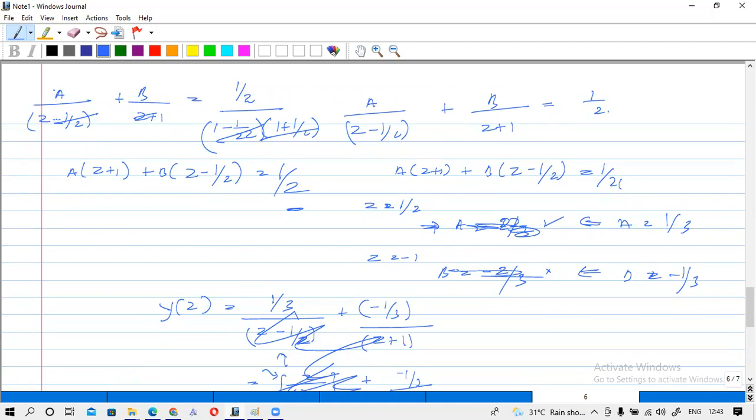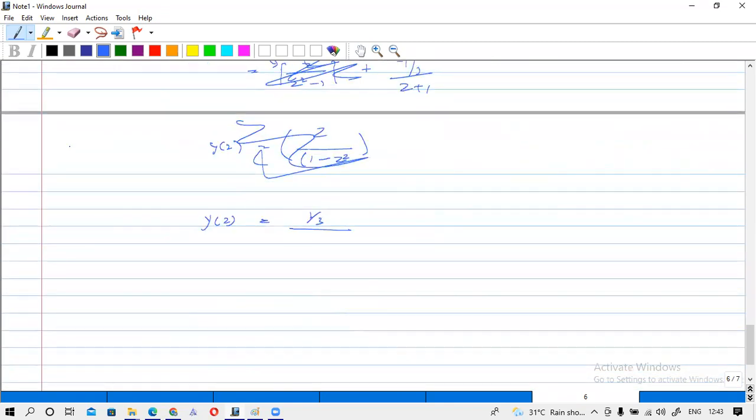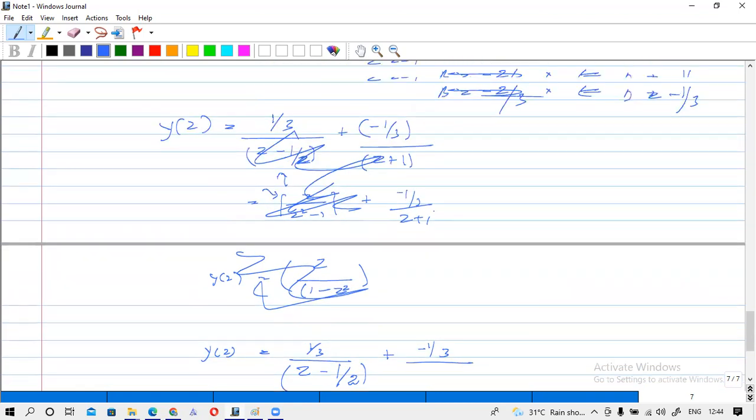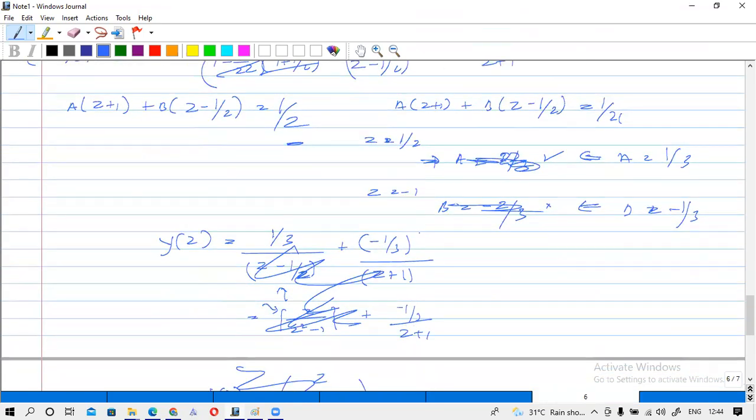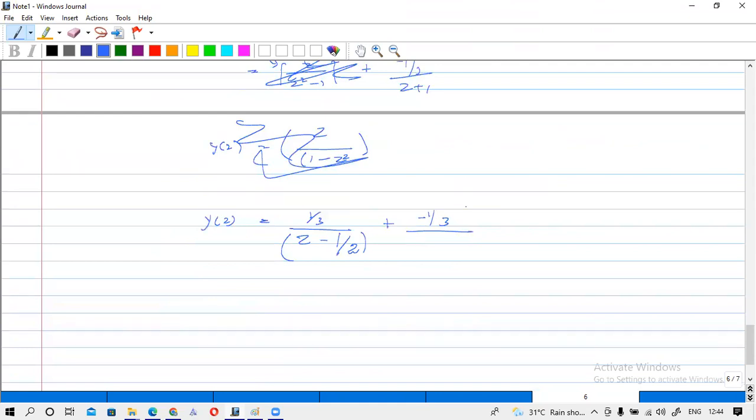So this is z minus half. This will be z minus half plus -1 by 3 over z plus 1.